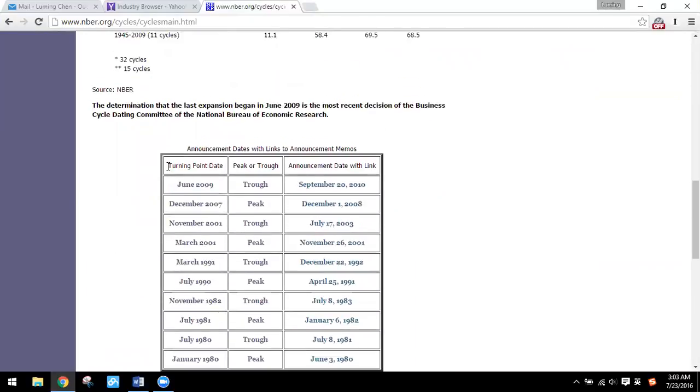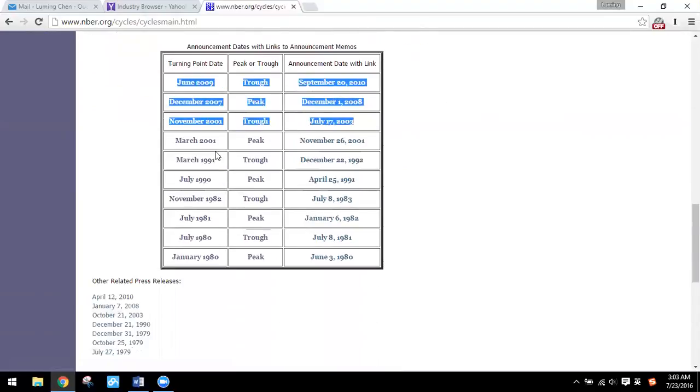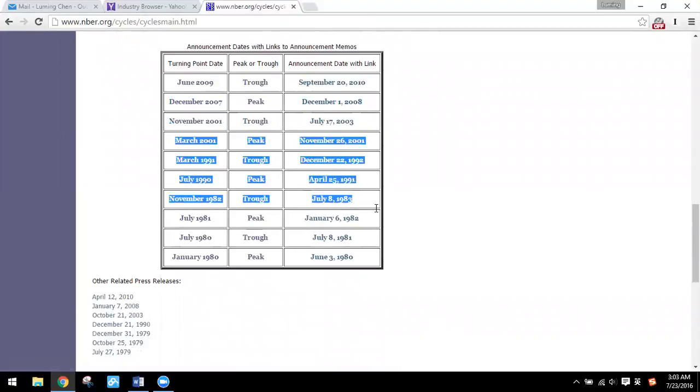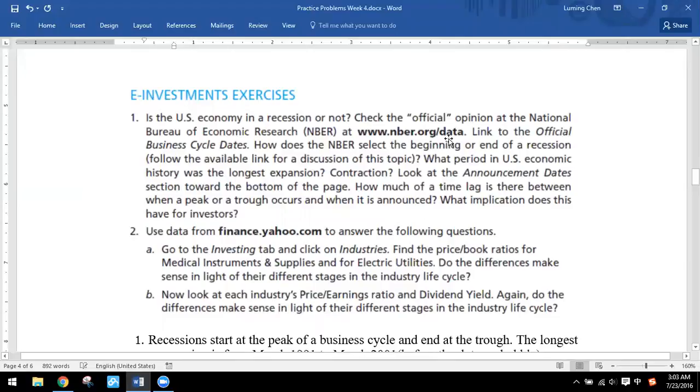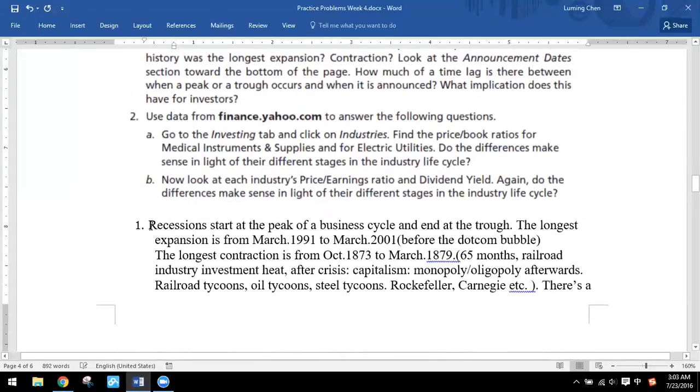And this is the official announcement date, which is seriously lagged from the real turning point. So, how does NBER select the beginning or end of a recession? They define recession start at the peak of a business cycle and end at the trough.